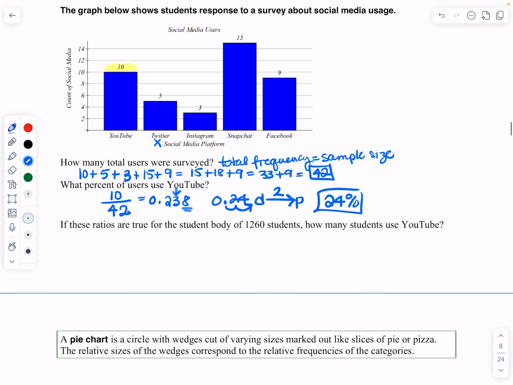If these ratios are true for the student body of 1,260 students, how many students used YouTube? Okay, so I'm going to take 1,260 and I'm going to multiply that by 0.24 because I want to know what 24% of 1,260 is.